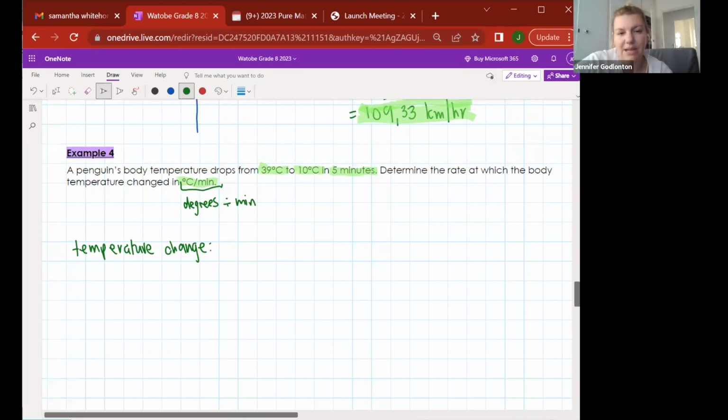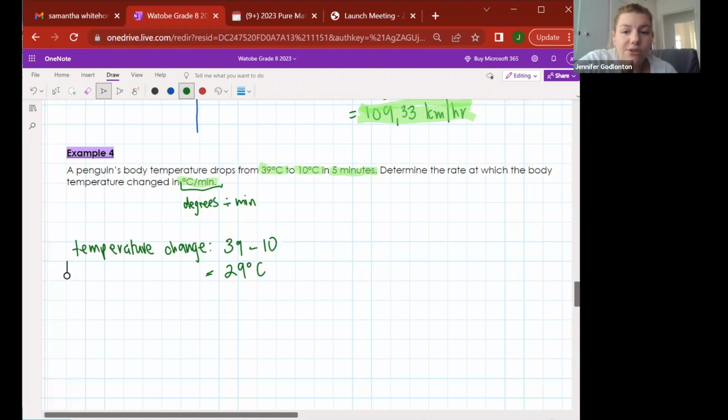Don't try and jump ahead to get to your final answer. How many degrees change was there? Beautiful. Yes, Tyler. So it was 39 degrees and it dropped to 10, and so it was a 29 degrees Celsius change. That's how much the temperature changed.